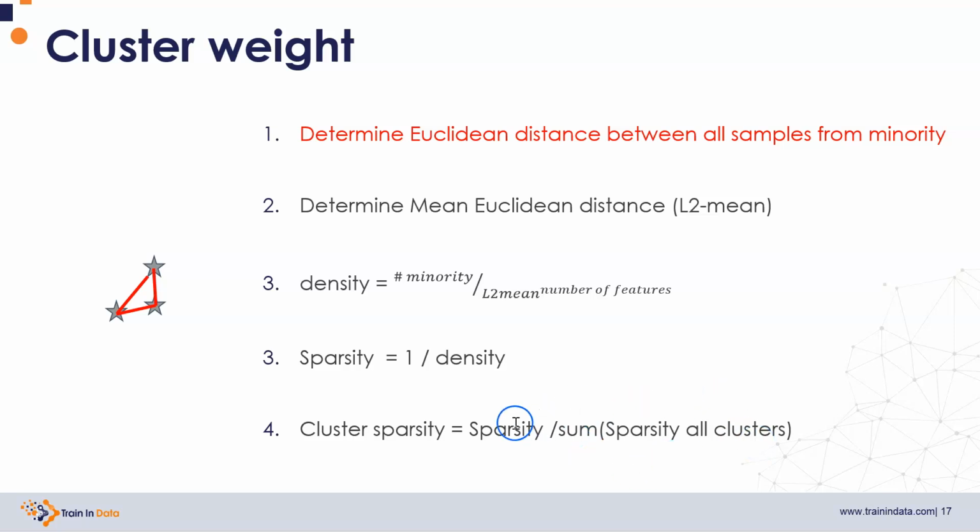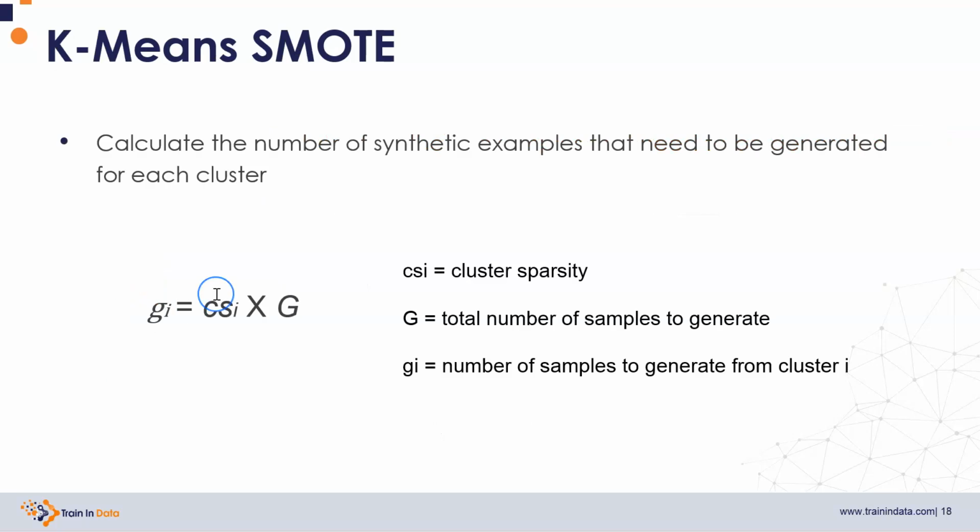So this will automatically return a value between 0 and 1. And now that we know this cluster sparsity, we multiply it by the total number of observations that we want to add to the dataset, and that tells me how many observations I need to create from that particular cluster. And I do this procedure for every single cluster that I decided that I will oversample.